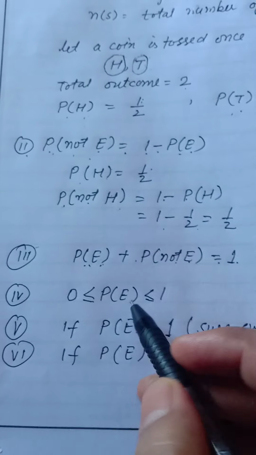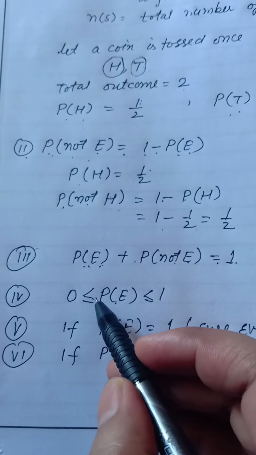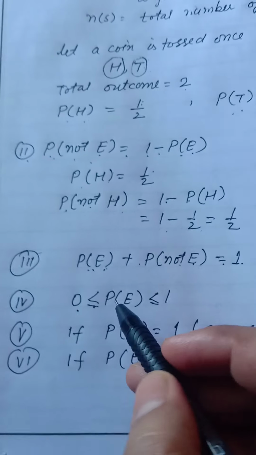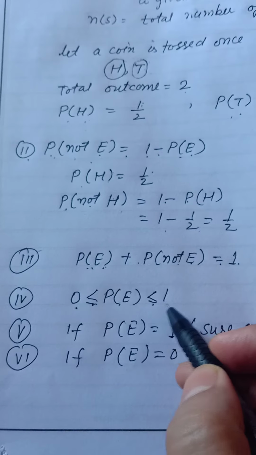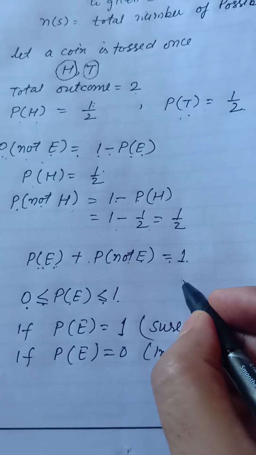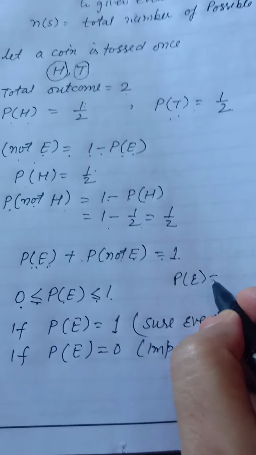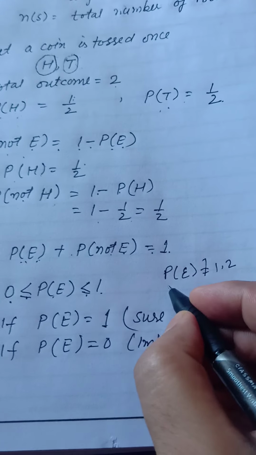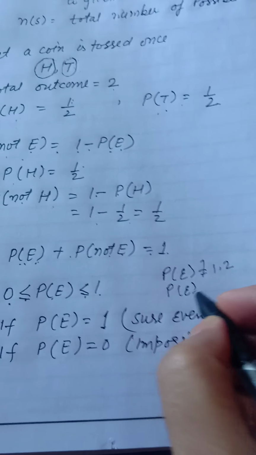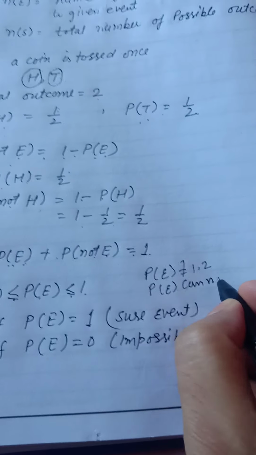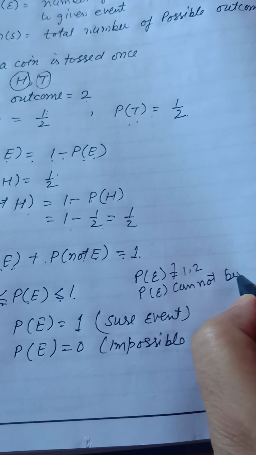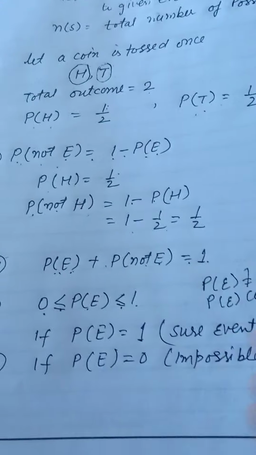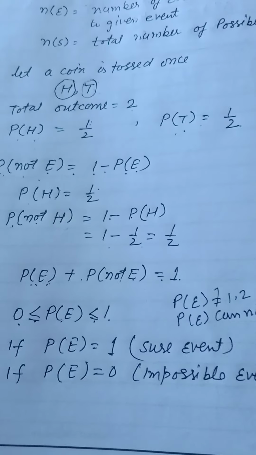Now you should always remember these things: the probability of an event is always greater than or equal to 0, and less than or equal to 1. That means you cannot have a probability of an event greater than 1, like 1.2 or 1.3, and the probability of an event cannot be negative. If you get a negative probability, that means you are doing something wrong.